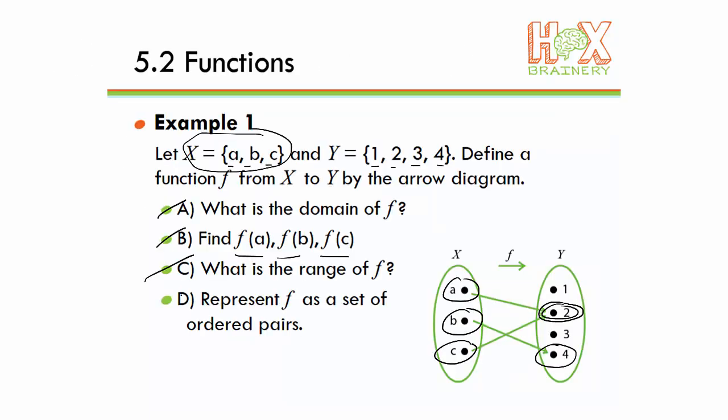And then for part c, what is the range of the function? The range of the function is not necessarily the whole set Y, it's just which elements in Y are paired with elements in set X. So it's just going to be the 2 and the 4, not the 1 and not the 3.